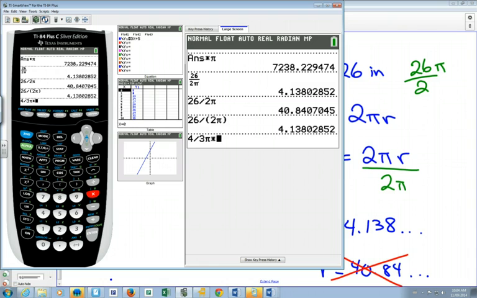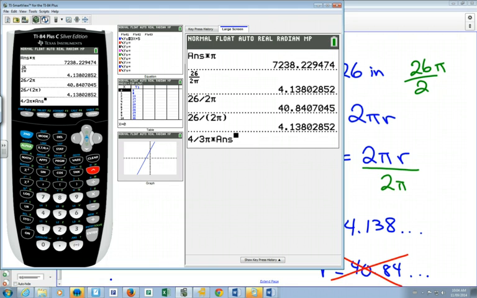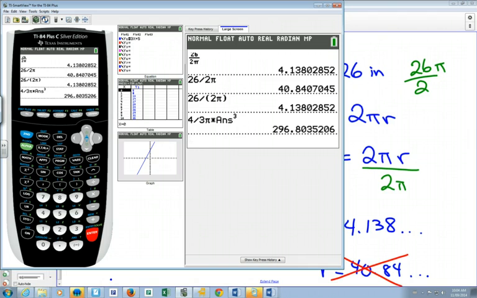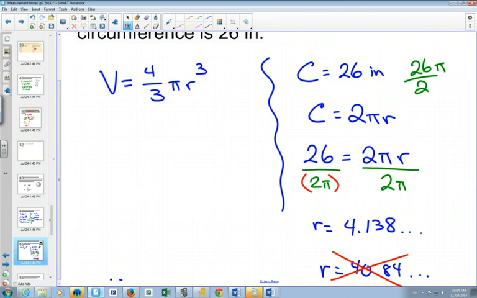I have my radius as my answer from before, so I can go second answer to get it up. And then it needs to be cubed, to the power 3. And push enter, 296.8 inches cubed.